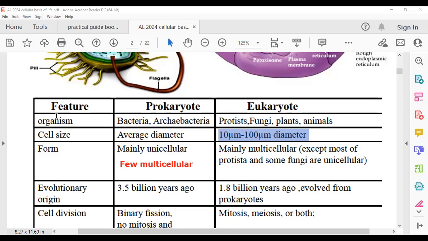Eukaryotes evolved how many years ago? 1.8 billion years ago. That means from 3.5 billion years to 1.8 billion years, for 1.7 billion years on this earth, who was there?